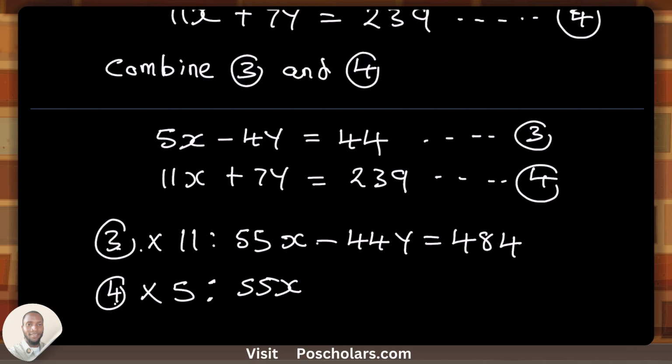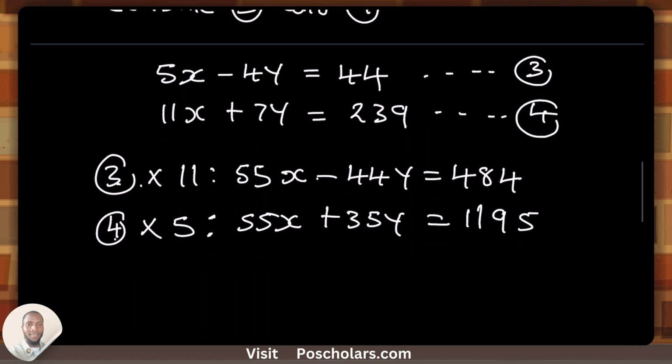Then 5 times 7y gives 35y, equals 5 times 239 gives 1195. So write it, 1195, right? So equation 3 has transformed to equation 5 and equation 4 transformed to equation 6.